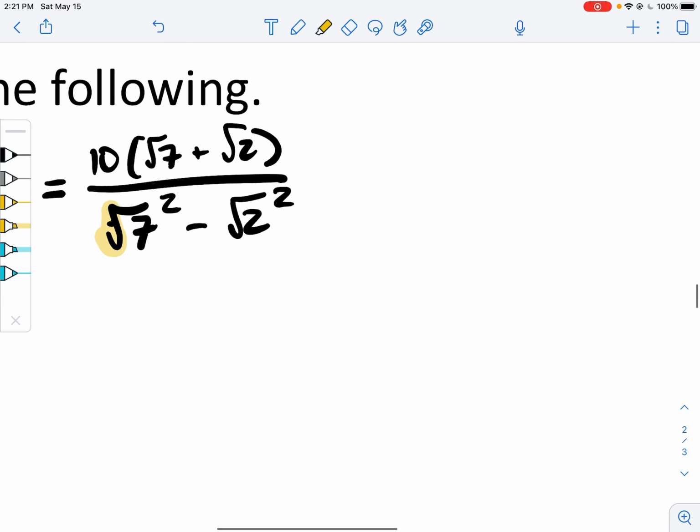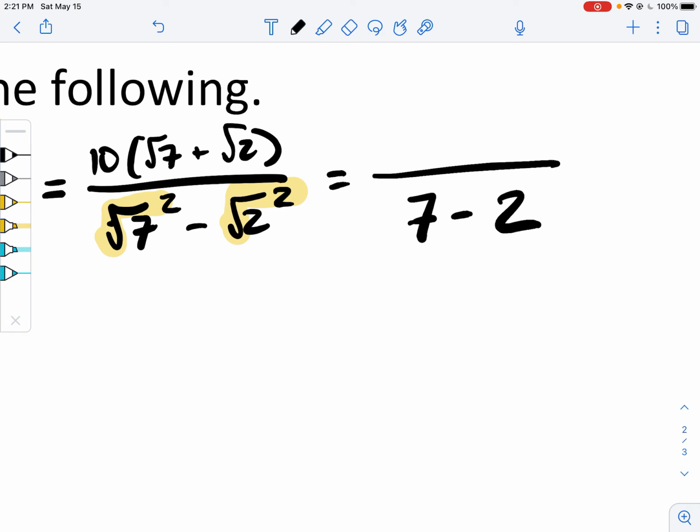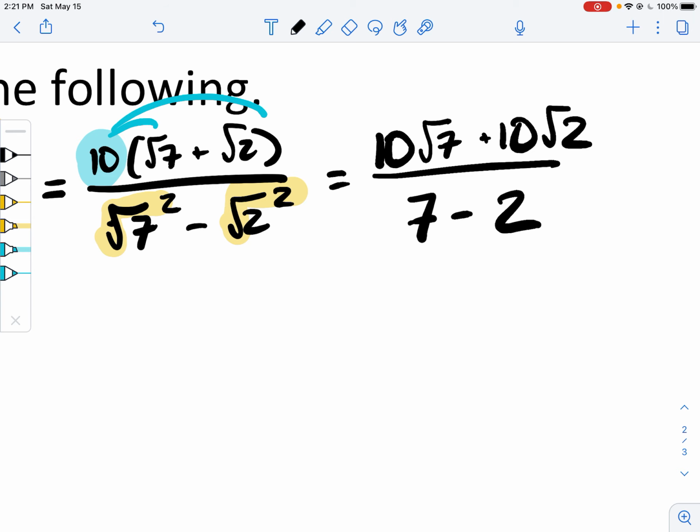Now, rad 7 squared and rad 2 squared, those radicals are going to cancel out, giving us just 7 minus 2. How fun is that? And on top, we're going to distribute this 10 to each term, which gives us 10 rad 7 plus 10 rad 2.